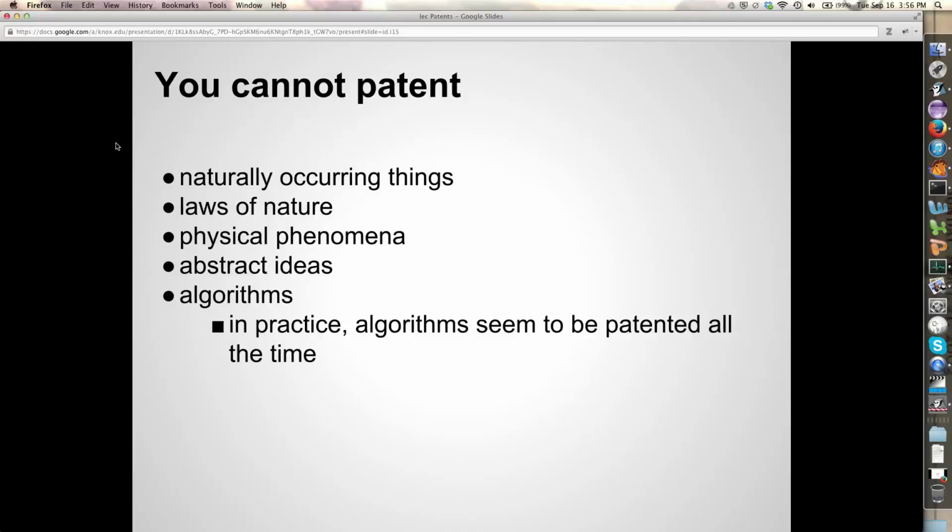One more note here. With the idea that you can't patent naturally occurring things, a really fantastic read is to look at the history of gene patenting. For a while, you were able to patent genes from just people or animals because you had gone ahead and extracted the gene out of the DNA of the cell. So for a while, courts allowed those patents, but that's been recently overturned, at least in the United States, by the U.S. Supreme Court.